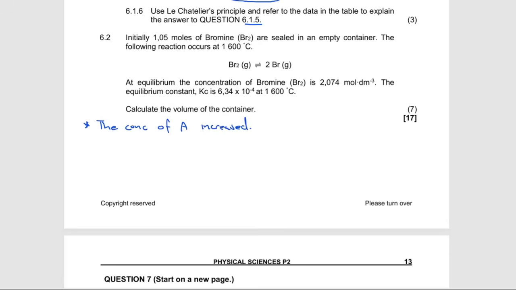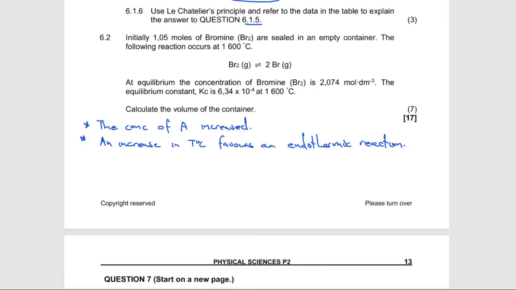Then what is going to happen there? An increase in temperature. What does it favor? It favors an endothermic reaction. So an increase in temperature favors an endothermic reaction.